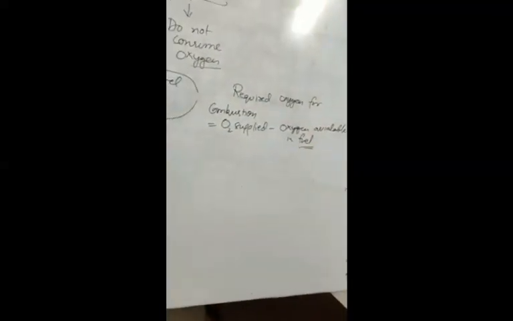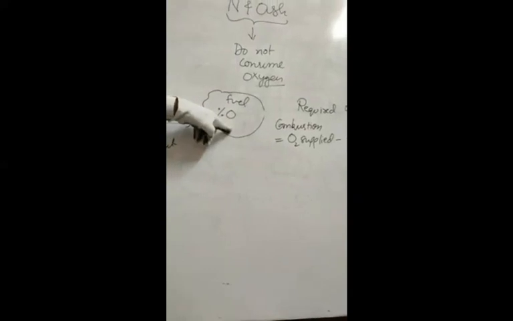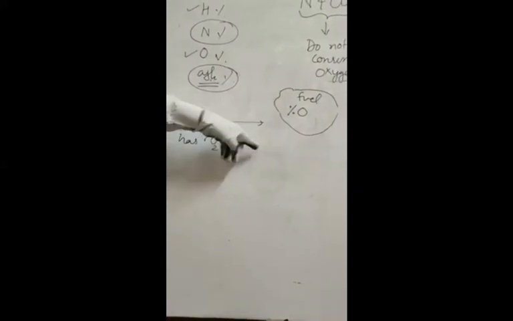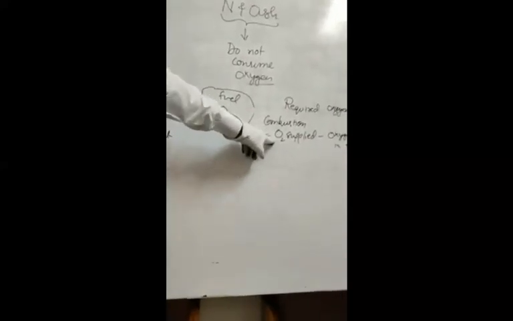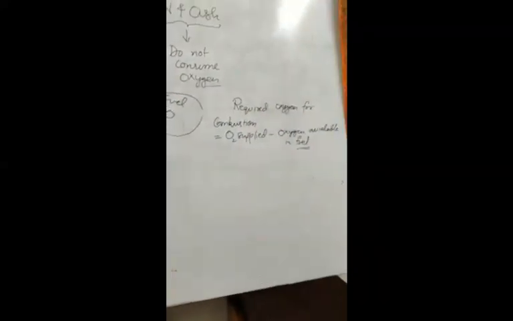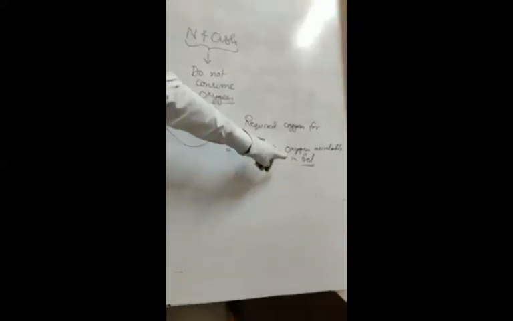The fuel itself has oxygen. It will help in the process of combustion, thereby decreasing the amount of oxygen required to be supplied from an external source. So the required oxygen for combustion is oxygen supplied minus oxygen available in fuel. In this manner it is calculated. Now see, how is it calculated?